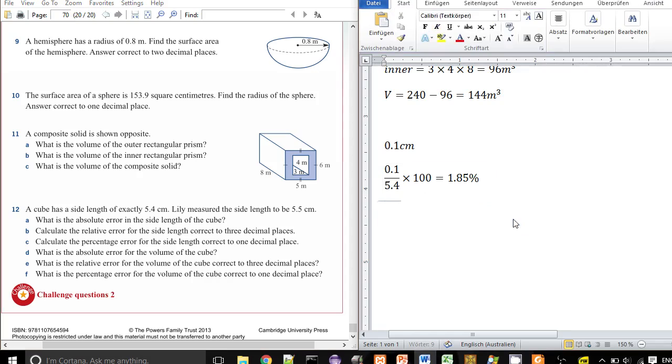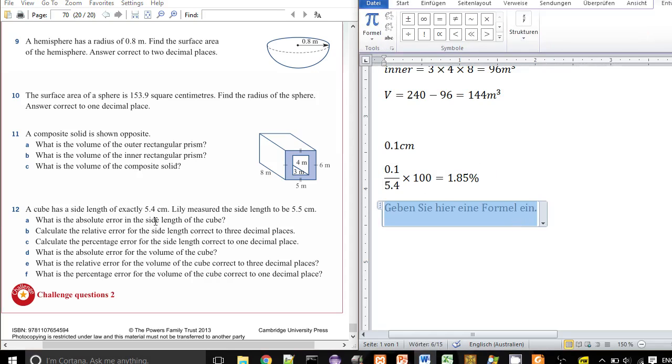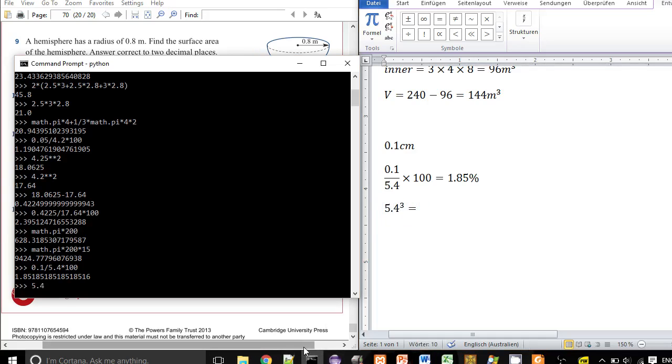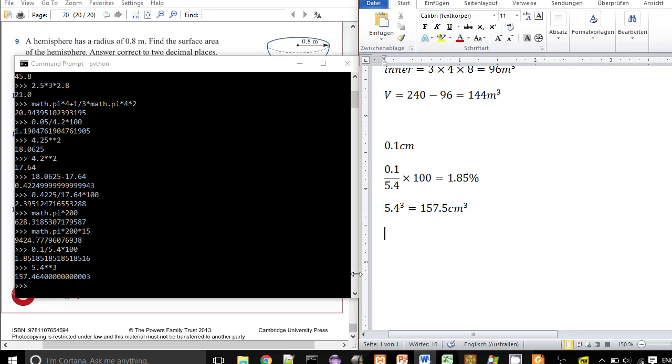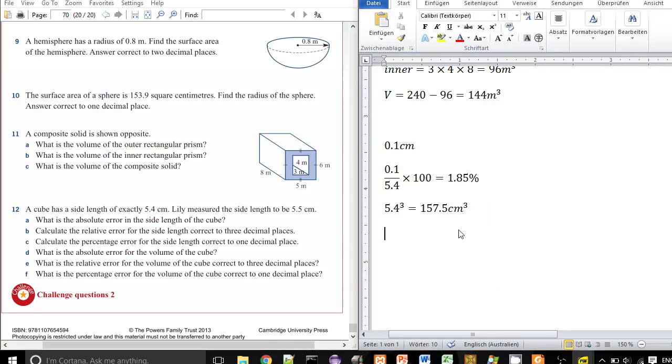The actual volume of the cube is 5.4 cubed. So let's figure out what that is, which is 157.5 cubic centimeters. That's what its actual volume is, apparently.